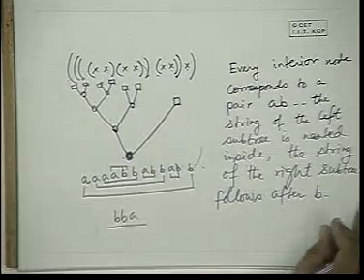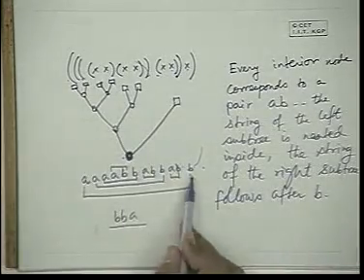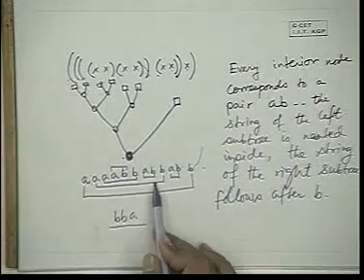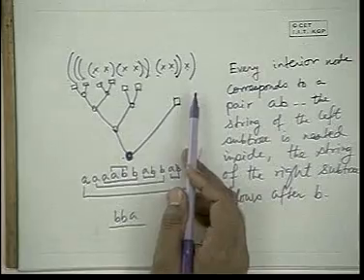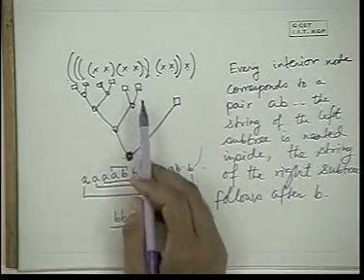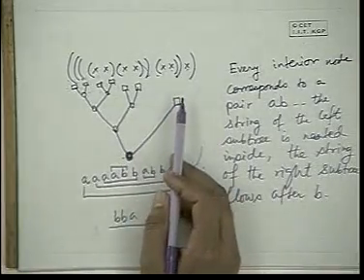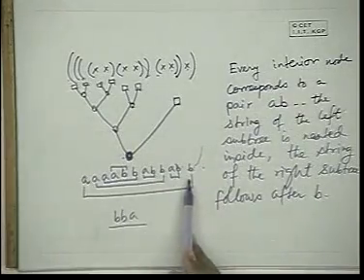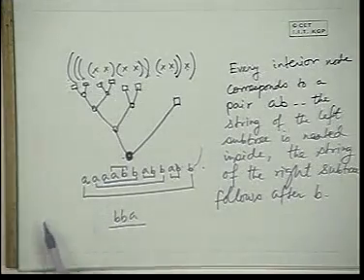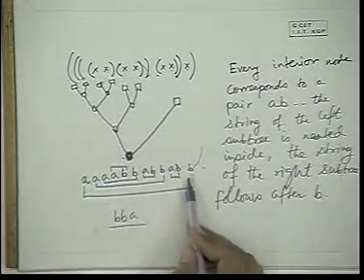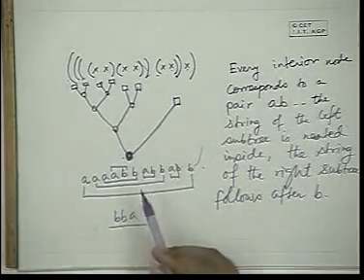So let us see. First of all, how many letters will be there? Roughly order of n. If there are n matrices, the total number of parentheses will be order of n. Actually, it is exactly n plus 1 or n minus 1, something like that. It is not more than that. So we want to see how many strings are possible with symbols A, B, where the total number is n, such that each string is well formed.